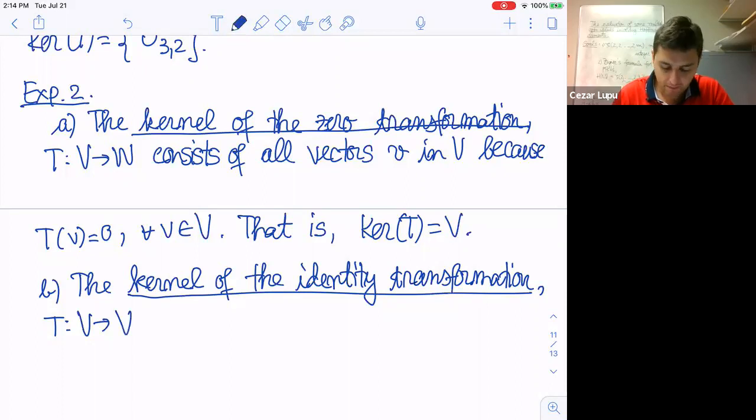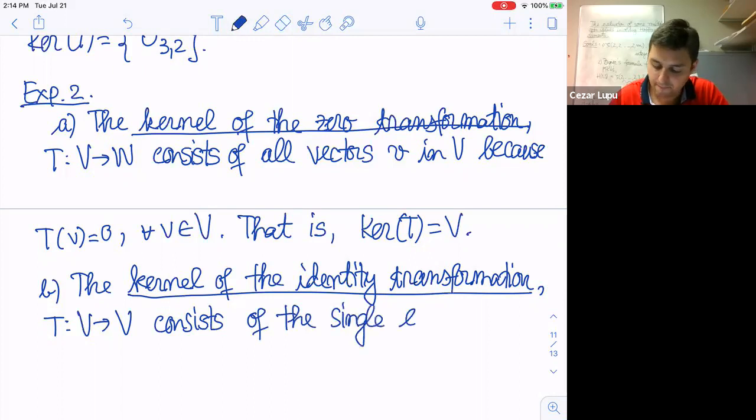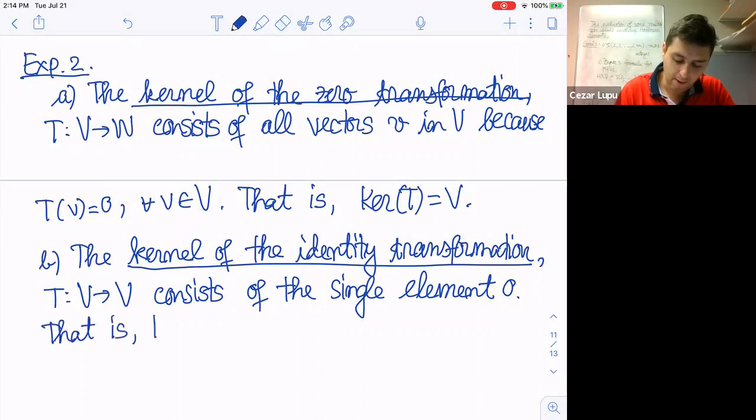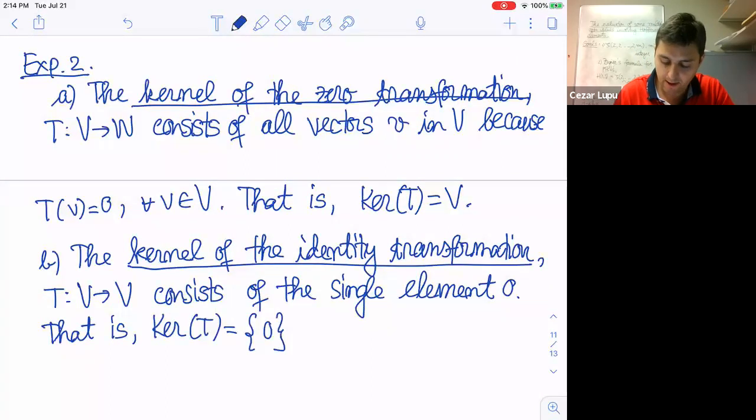It consists of the single element, and that element, guess what? It's 0. That is, the kernel of T will be nothing else than just the 0 element, right?